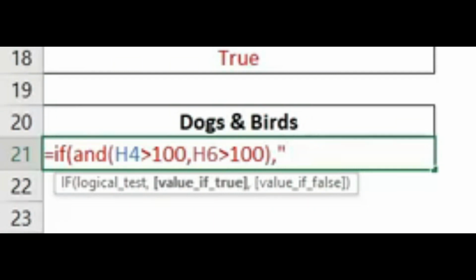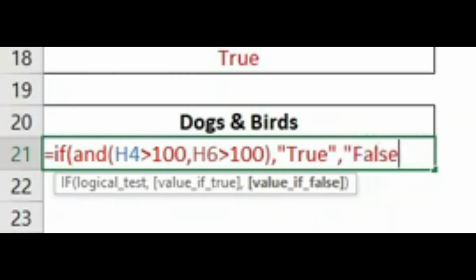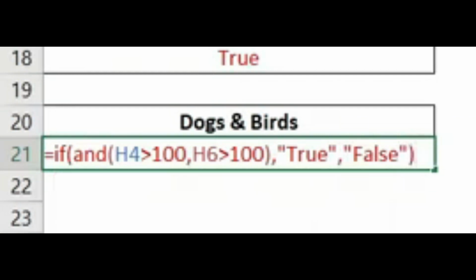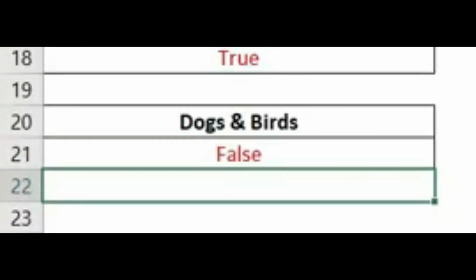So it equals true, quotes, comma, because now we're going to tell Excel what to do for false outcome. Write the word false, quotes, close with a parenthesis, enter.